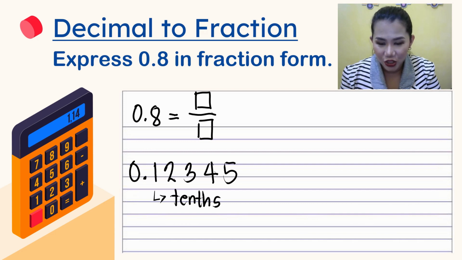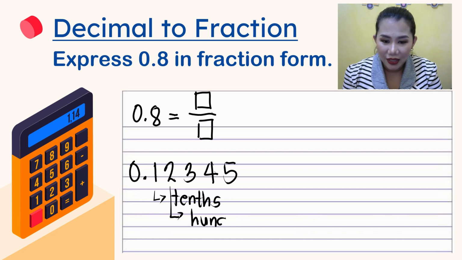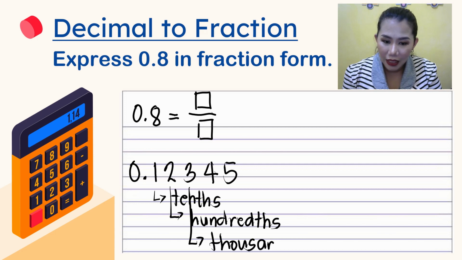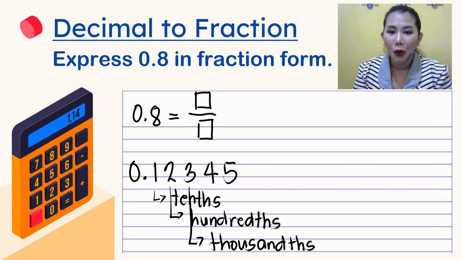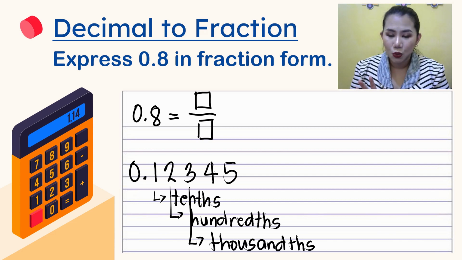Tenths with THS. Yung 2 natin dito, that is hundredths with THS. Hundredths. And the next one is thousandths. Okay? Yan, dapat alam talaga ninyo yan. Kasi kung hindi ninyo to alam, mahihirapan tayong mag-convert or mag-express from decimal to fraction.